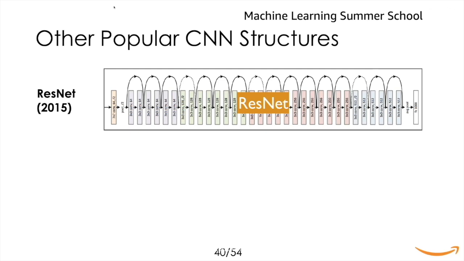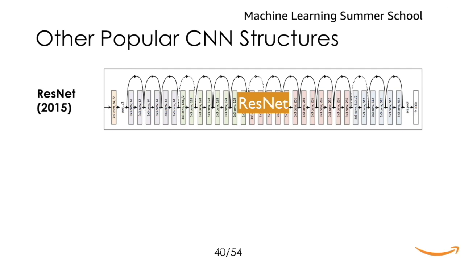ResNet introduced residual connections or skip connections, right? So these connections skipped a few blocks. You can see that it's not connected to this block, right? It skips a few blocks. And this allowed the network to learn better. So the authors hypothesized that residues would be easier to learn than the entire function, right?